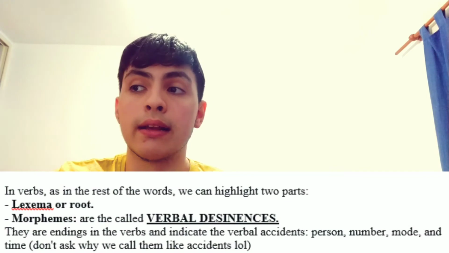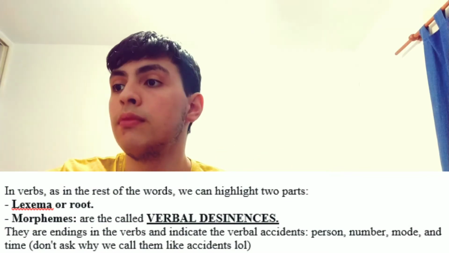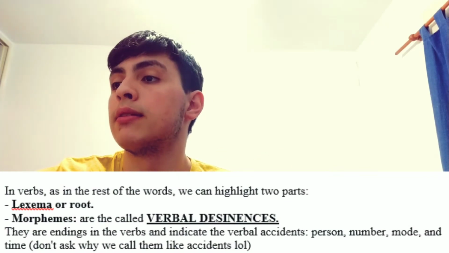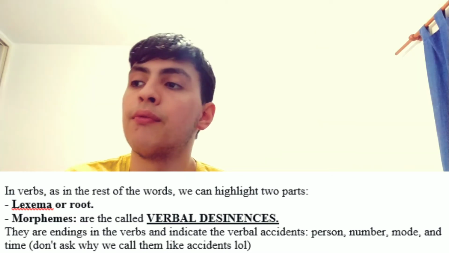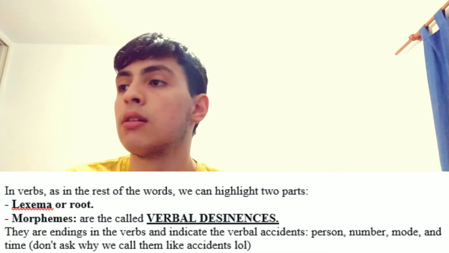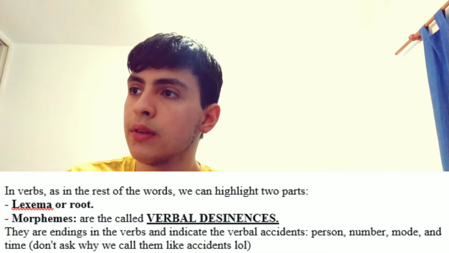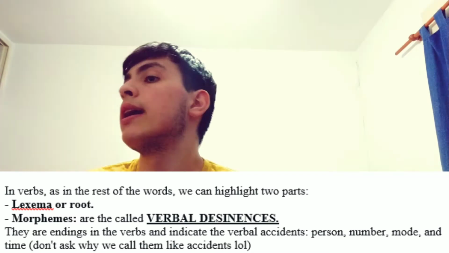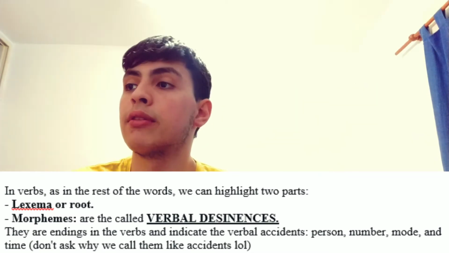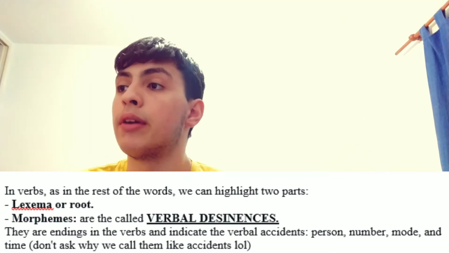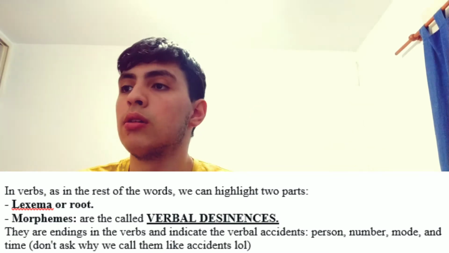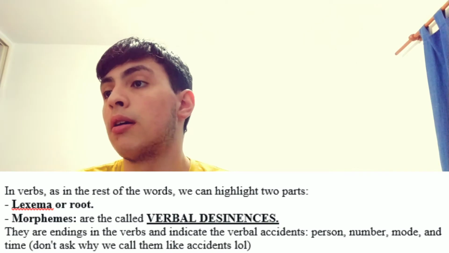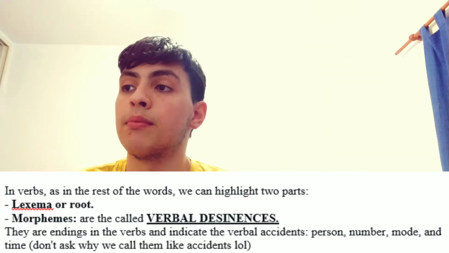Basically, you see that in a verb, as in the rest of the words, we can highlight two parts: the lexeme or root, and also morphemes that are called verbal desinences. They are endings in the verbs that indicate the verbal accidents. For example, you have person, number, mode, and time.